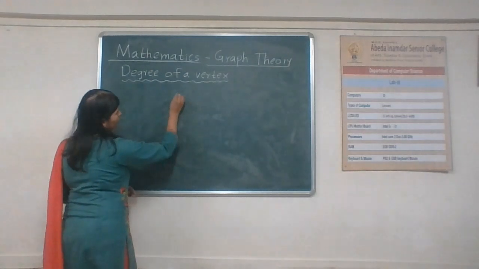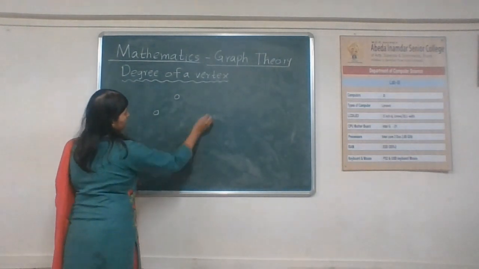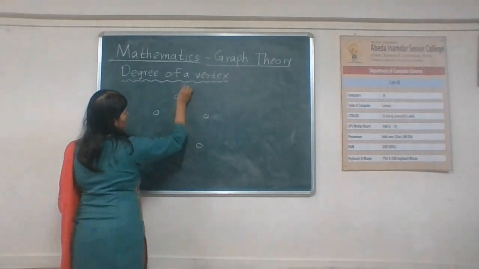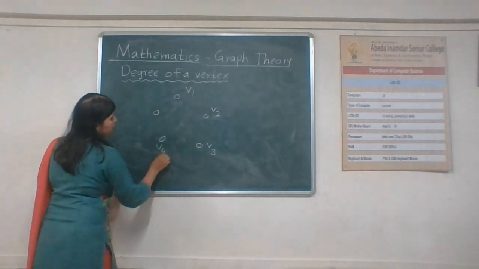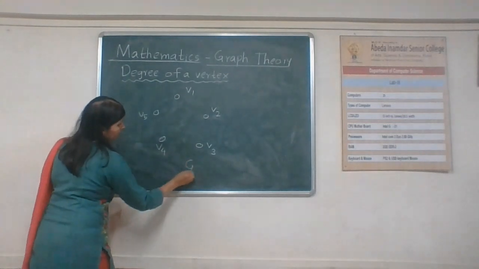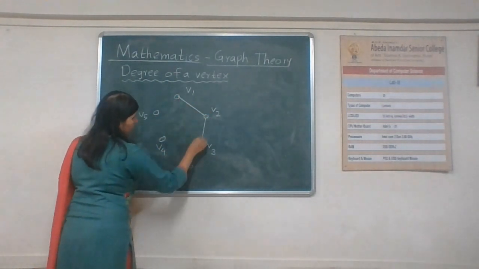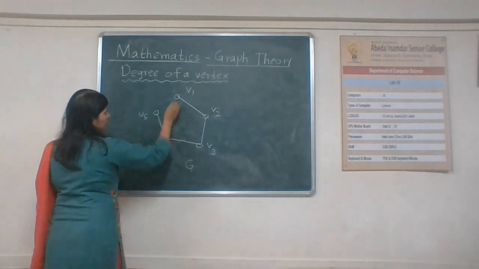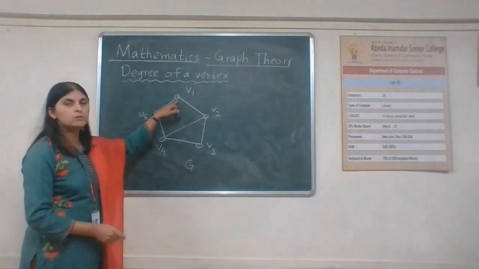So, I will draw one graph here to see the degree of vertex concept. There are 5 vertices in the graph, say G: V1, V2, V3, V4, V5. Now see the vertex V1.